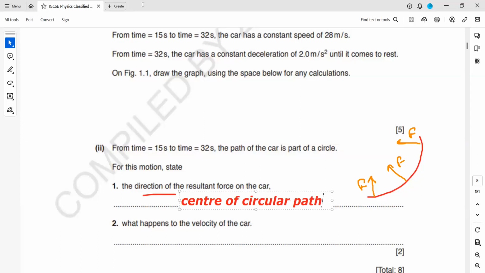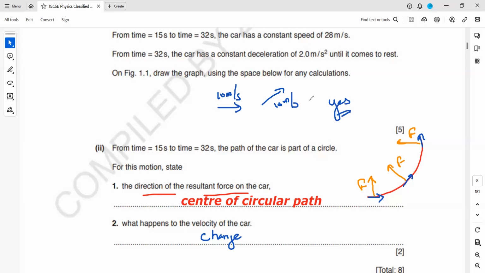What happened to the velocity? Because if an object is moving in a circular path, it changes direction. The speed does not change, but the direction of the motion continuously changes. So when the direction of the motion is changing, what happens to the velocity? The velocity of this car will also change. If I say an object is moving at a speed of 10 meter per second and changes direction, is there a change in velocity?